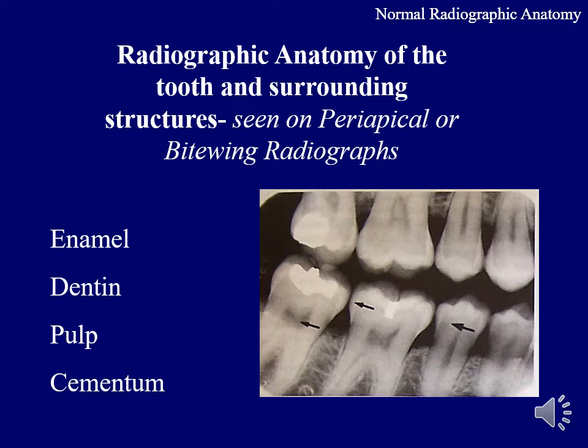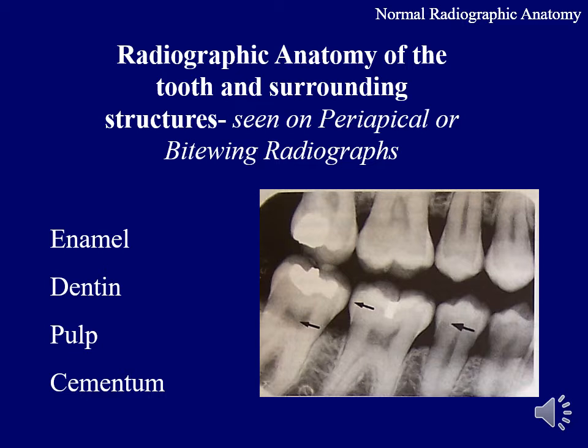The enamel cap over the coronal portion is seen in the image with a black arrow. The enamel is 90% mineralized. In fact, it is the most dense substance in the body that appears completely radio opaque, that is white.